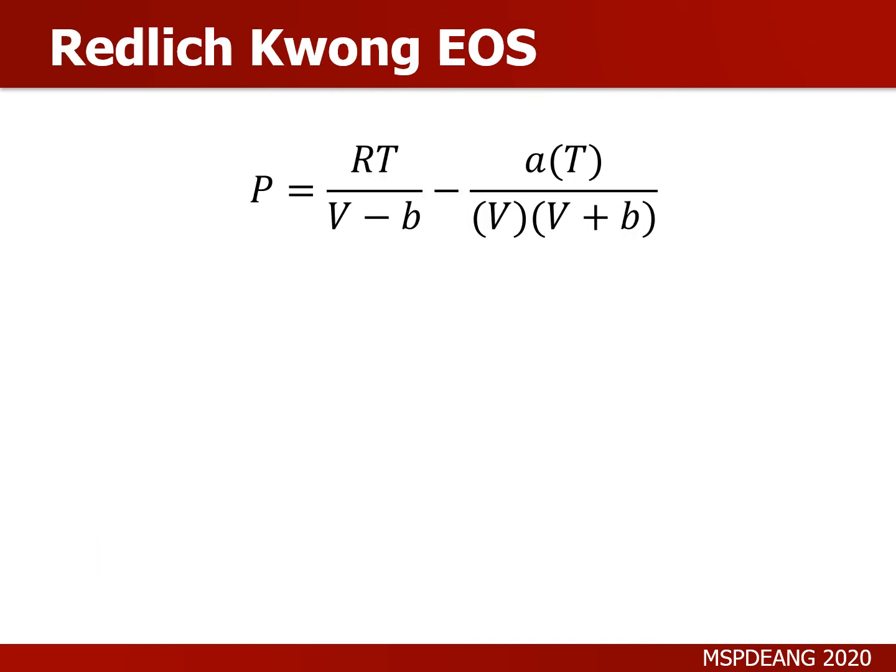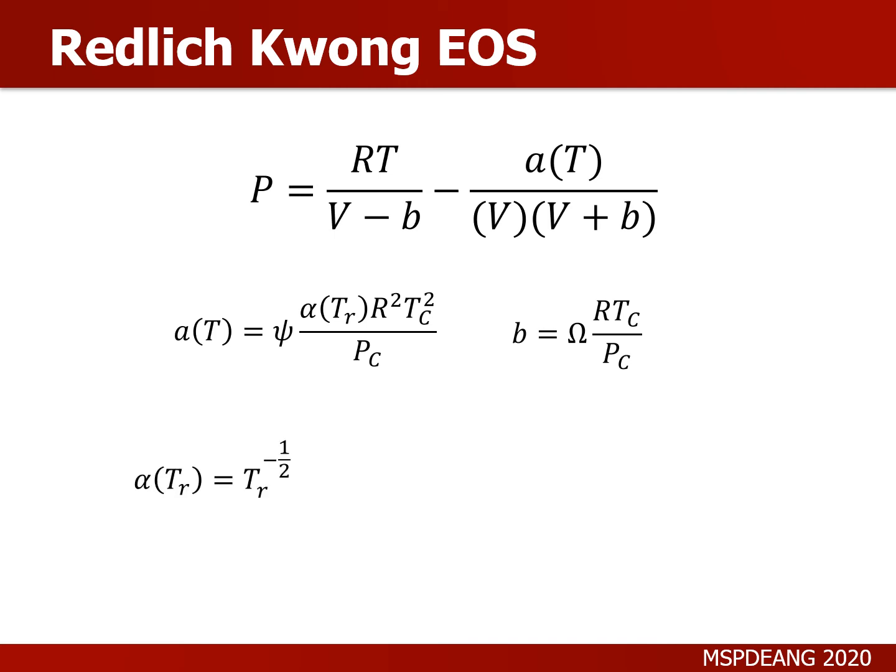Another form of a cubic EOS is known as the Redlich-Kwong EOS. This is the expression, where these are the constants or parameters for the cubic EOS, where alpha TR is equal to TR raised to negative 1/2, and psi and omega are the following constants.